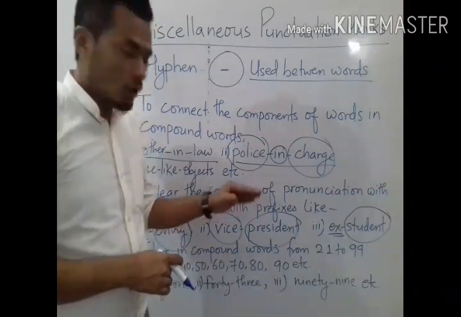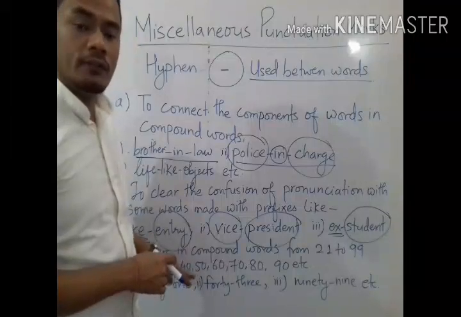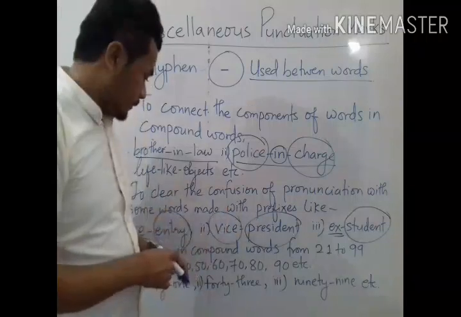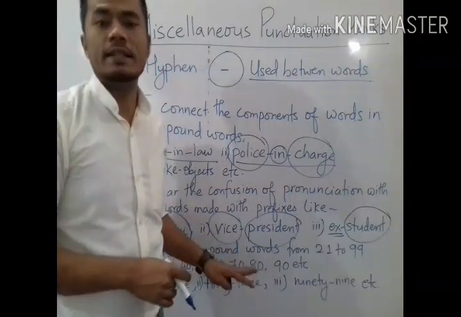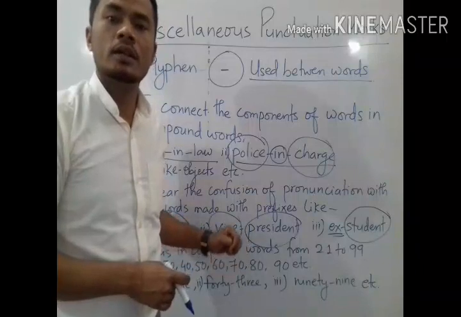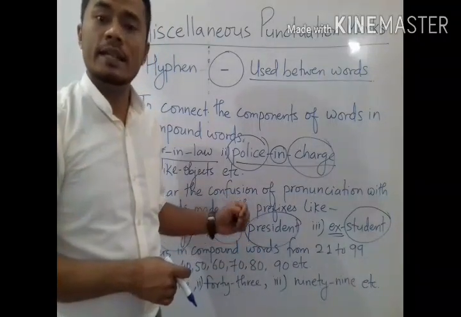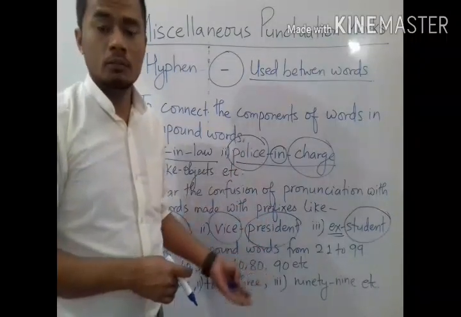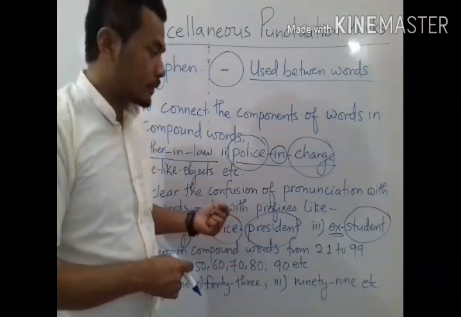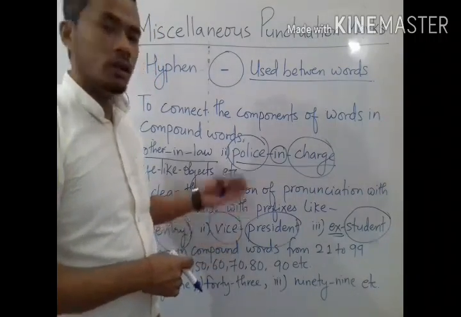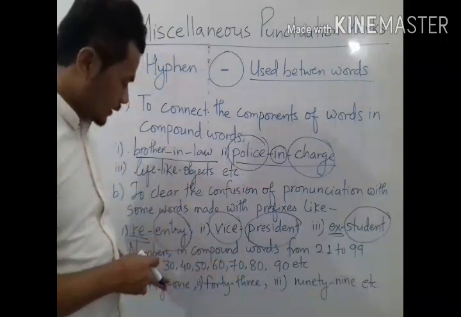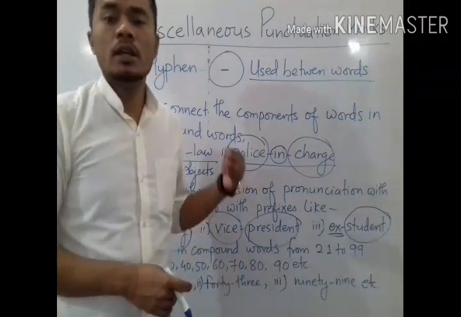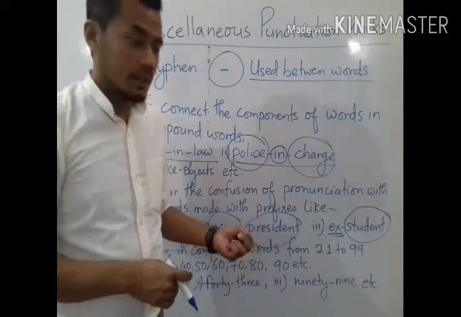Numbers from 1 to 19 and 30, 40, 50, 60, 70, 80, 90 form single words. But 21 to 99, except these tens, form compound words.